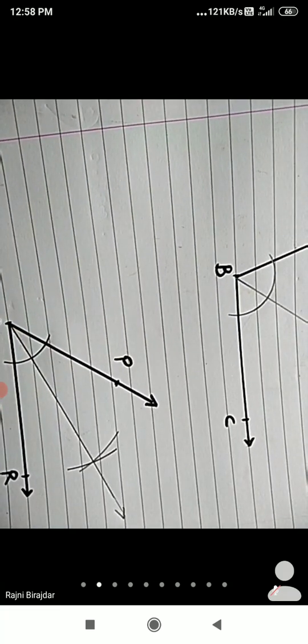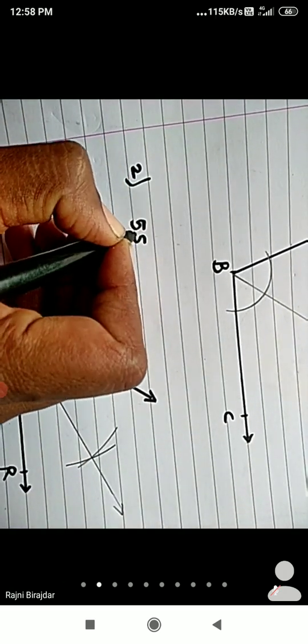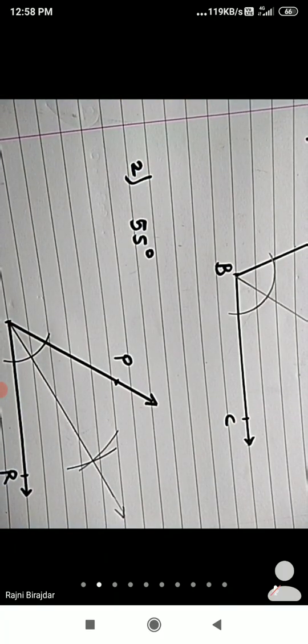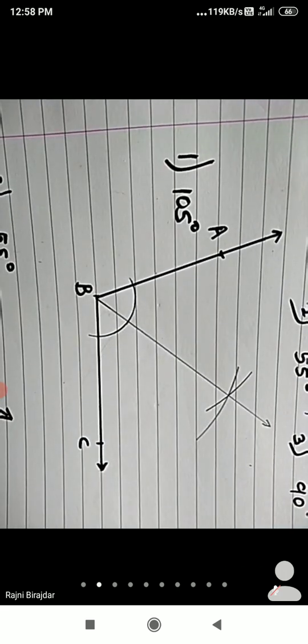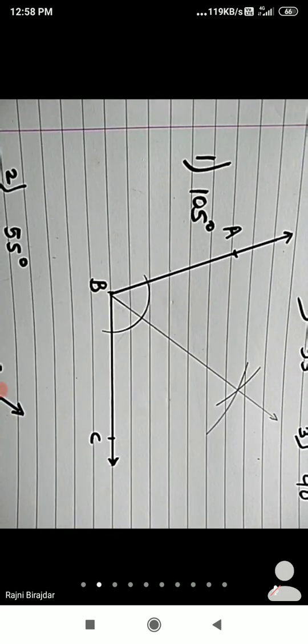So this is about 55 degrees, the second one, and this is about the first one, 105 degrees. So two I have shown. Now the third is for homework. But now only you have to draw the first one in your notebook and tell me.